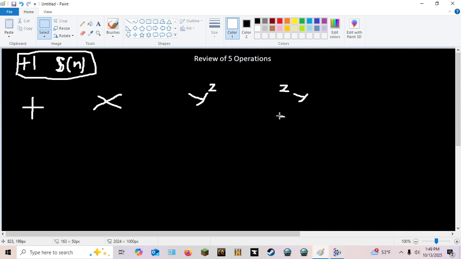Let's do the first symbol. So let's do 2 tetrated to 3.